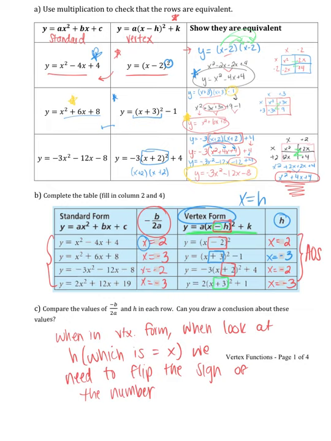You're just looking for the sign and the number inside the parenthesis, and flipping. Okay, we are going to do more practice, so don't freak out if you're a little bit confused, okay? All right, on to the next page.